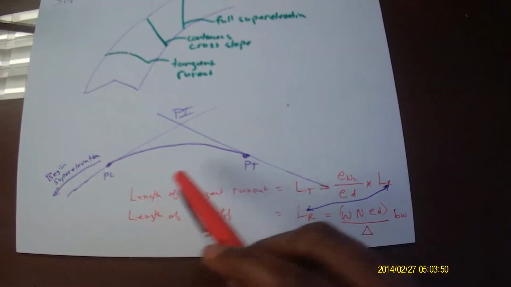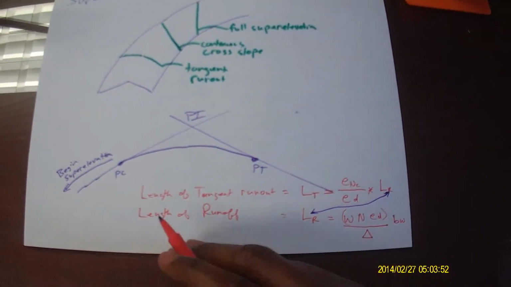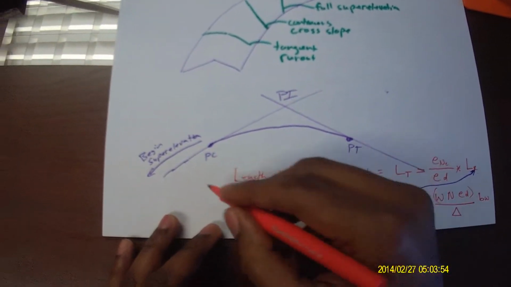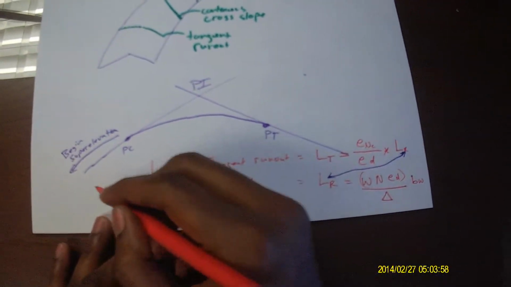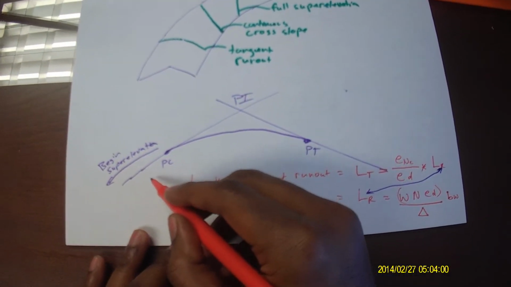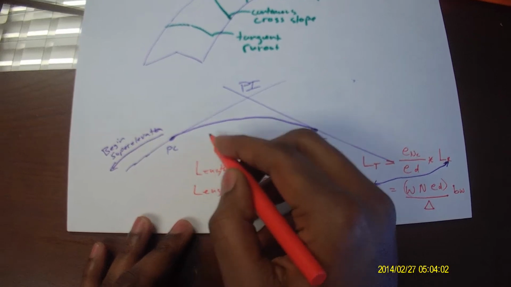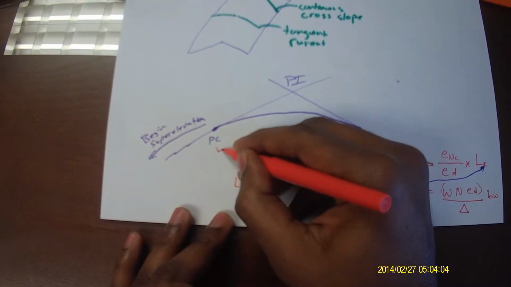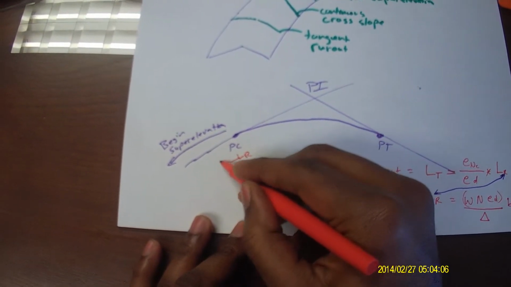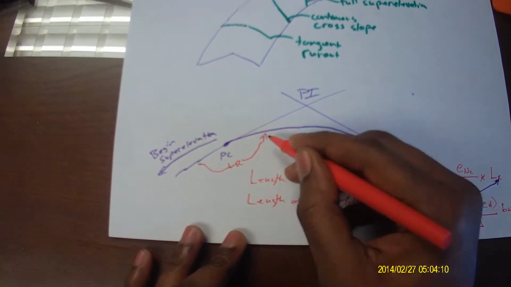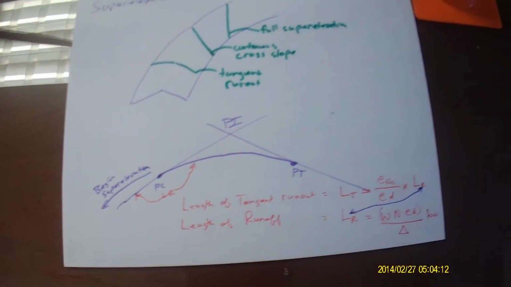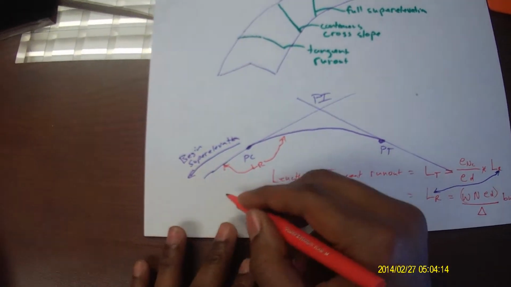Well, what does this look like on here? Your L sub R basically straddles PC. So it is the length that straddles PC. L sub R starts about here and it ends about here. And the exact location I'll get into a little bit later.